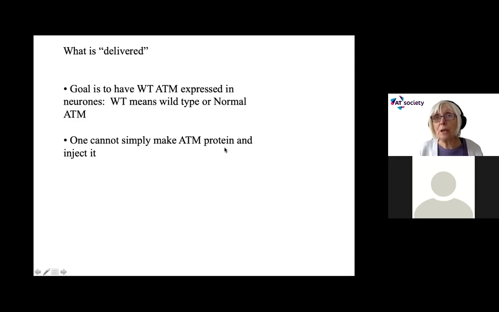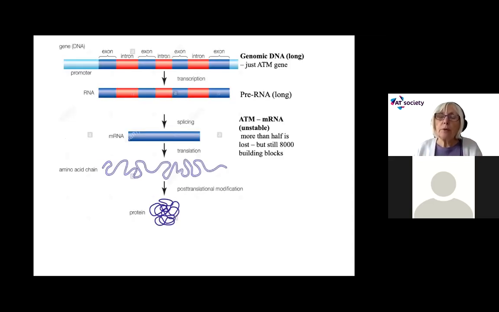We haven't even been able to make it in the cell, but certainly not in a way that you could package it into material. But secondly, it's got to get through to the neurons, and that is particularly difficult to do. So the approach then would be, let's just go back to this. I talked to you about DNA, your messenger RNA, and your protein.